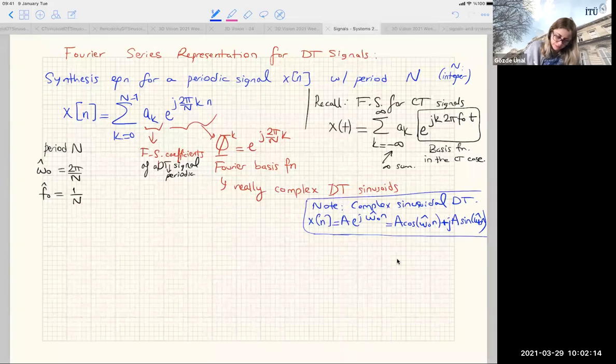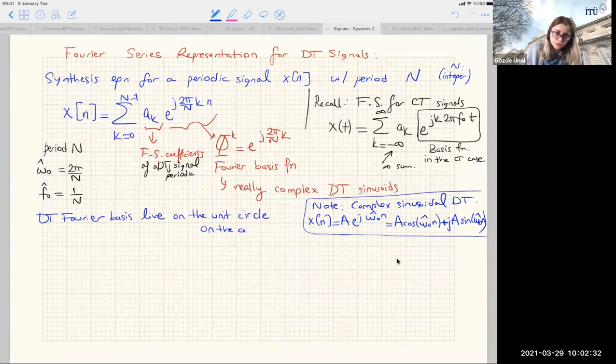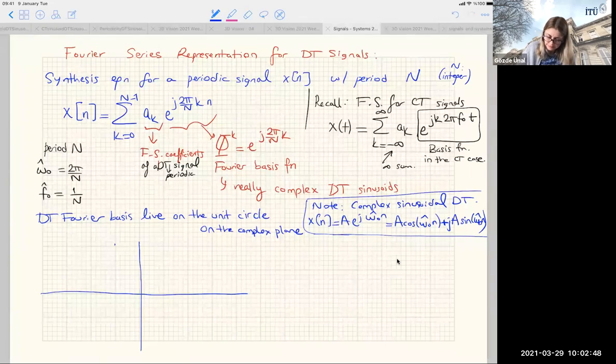So now these discrete time Fourier bases live on the unit circle in the complex plane. I'm going to draw a complex plane here. Real, imaginary.